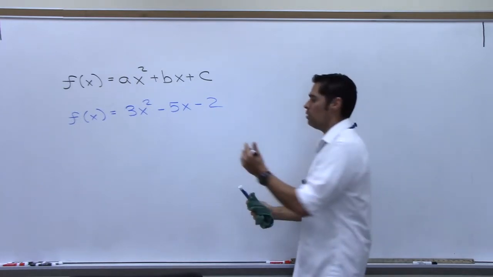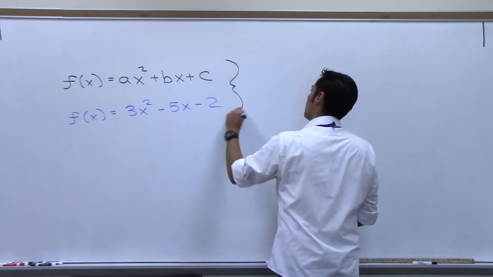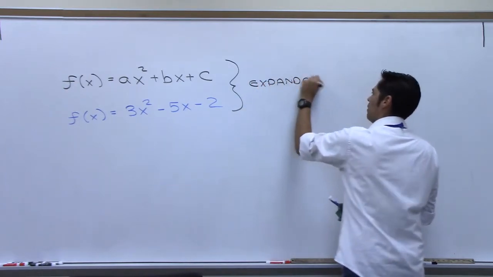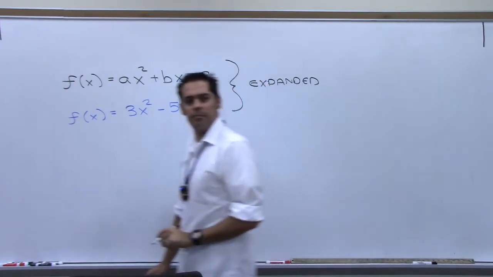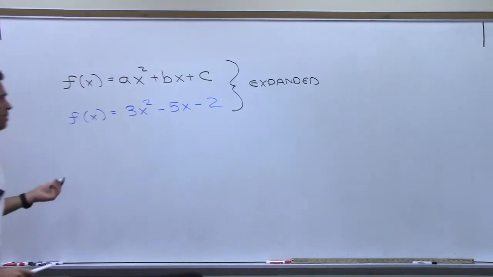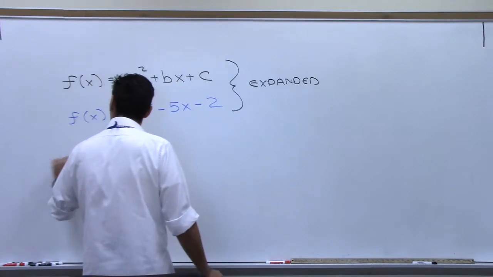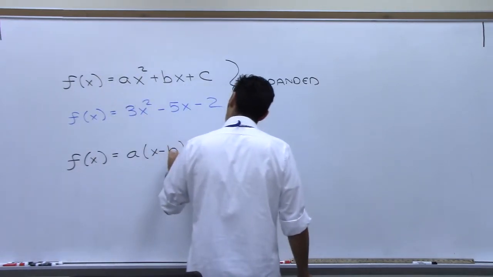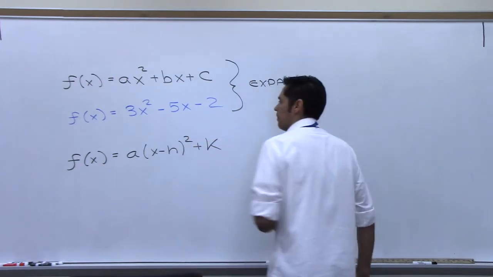This form is called what form? Expanded form. How'd you know that? It says it right there, right? Expanded form. The other option is to have something given to you in this form, a times (x minus h) squared plus k.